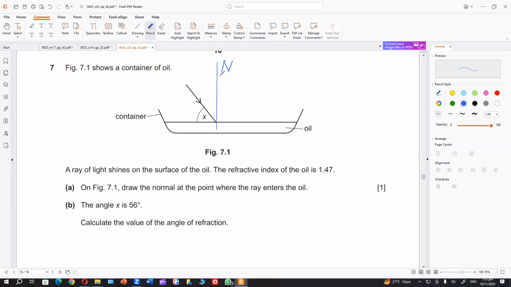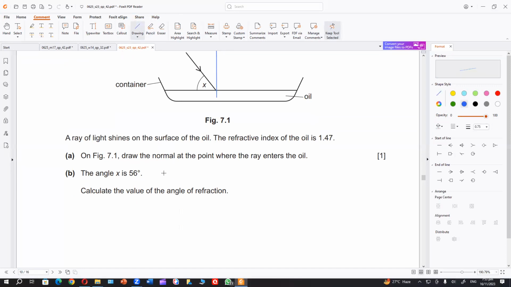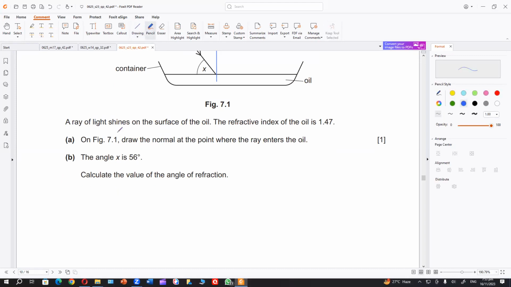What is the formula? Calculate the value of angle of refraction. N is equal to sine I over sine r. Very good. And we are moving from lighter to denser.